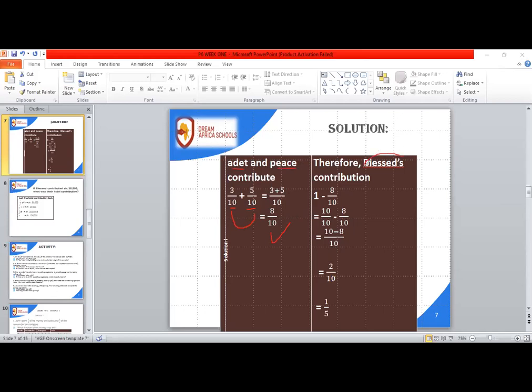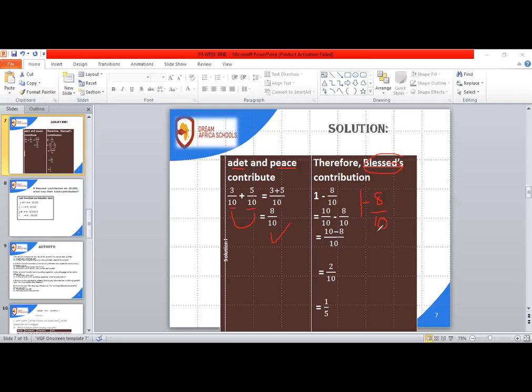How do we get to know Blessed's contribution? We shall get the total amount minus the contribution for Adet and Peace. You get it? And we realize that the contribution for Adet and Peace is 8 out of 10. Mathematically, their contribution was 8 parts out of the total 10 parts.